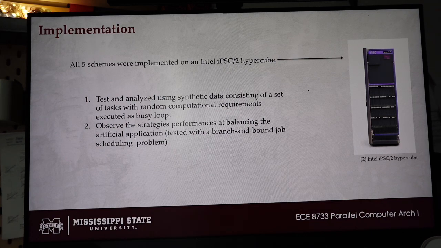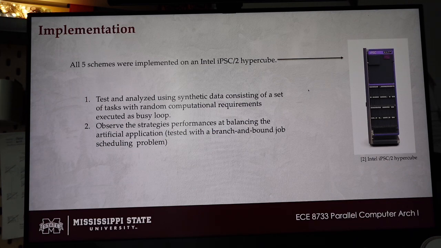All these 5 different strategies for dynamic balance are running on the Intel iPSC/860 hypercube server. The first step of the implementation is to test and analyze using synthetic data, consisting of a set of tests with random computation requirements and executed explicit loops, which means they feed in really large numbers to these 5 strategies and see whether they work well or not.